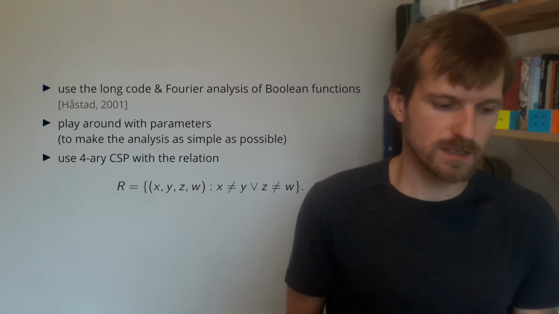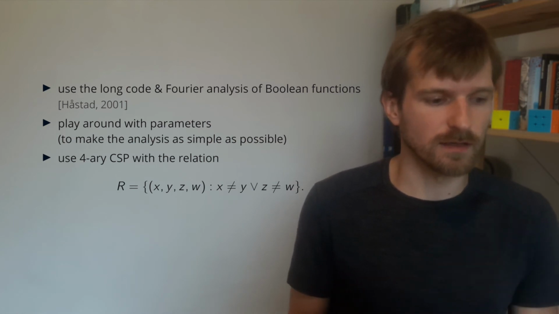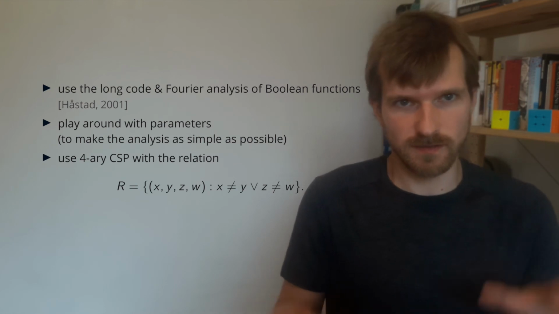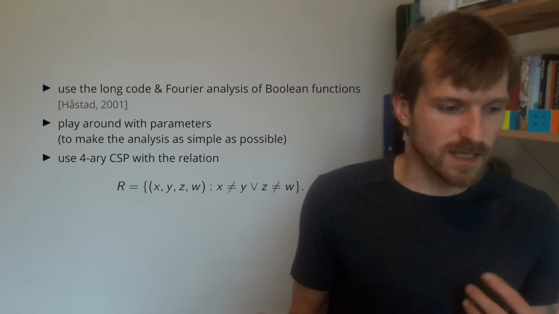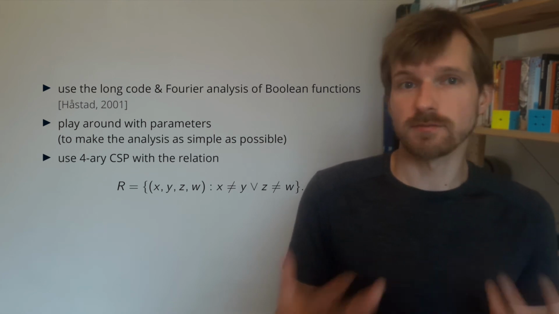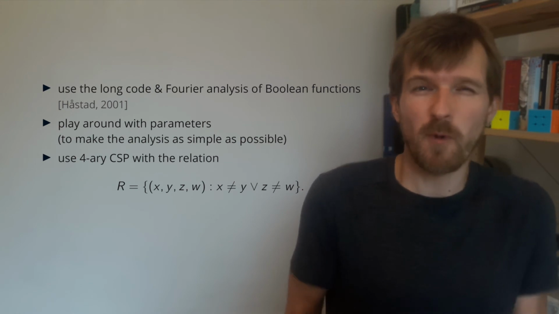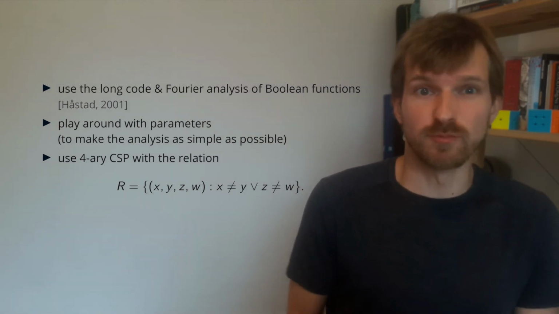A good thing about this is that because of the arity, you can easily distribute the variables equally, and the second power of this relation is that it's really easy to analyze. In some way, it is way easier than any other Boolean relation.